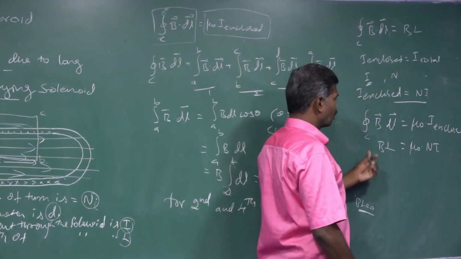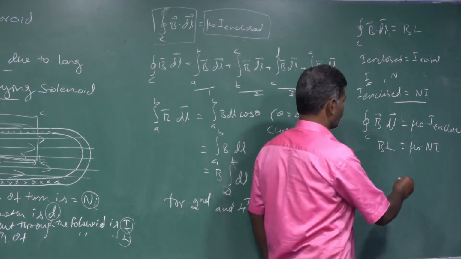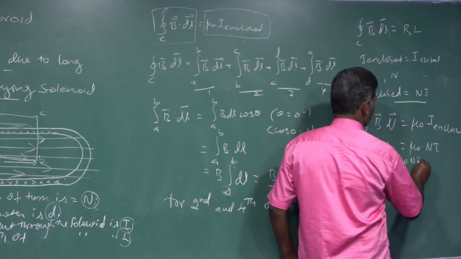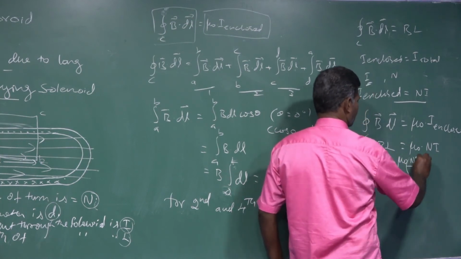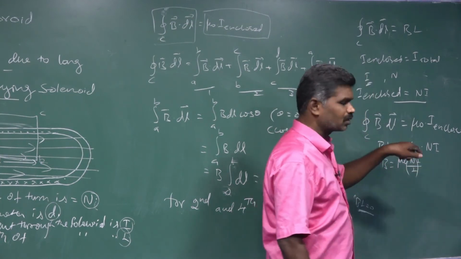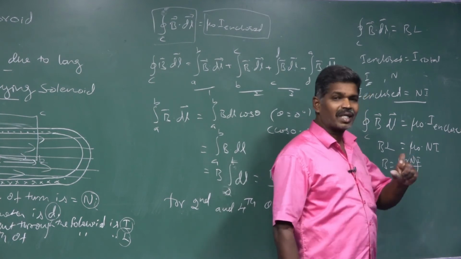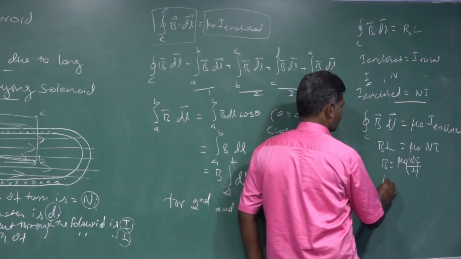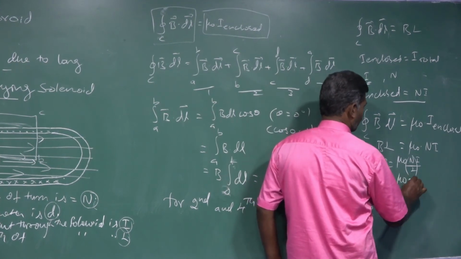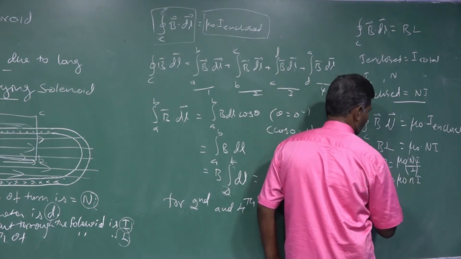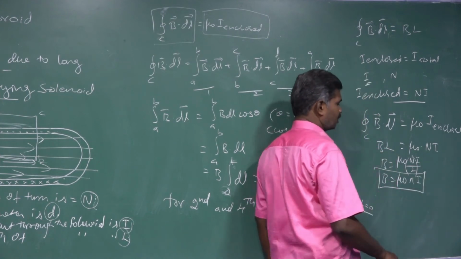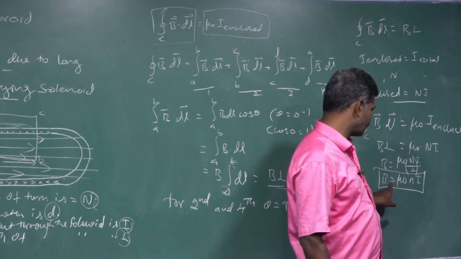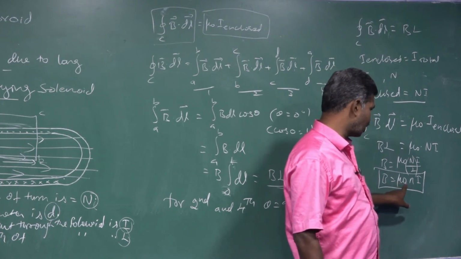We want to find the magnetic induction alone, so B is equal to mu naught NI by L. That N by L, total turns divided by total length, is the number of turns per unit length. That can also be represented as B is equal to mu naught small n I. This is the magnetic induction along the axis of a current carrying long solenoid.